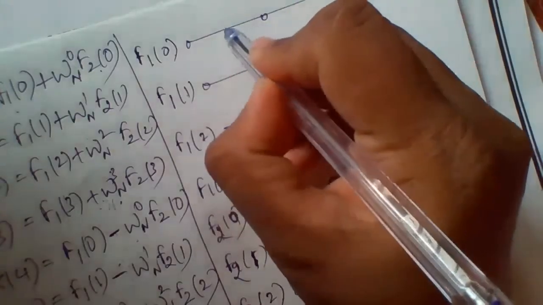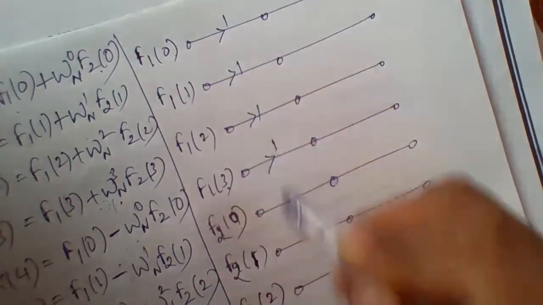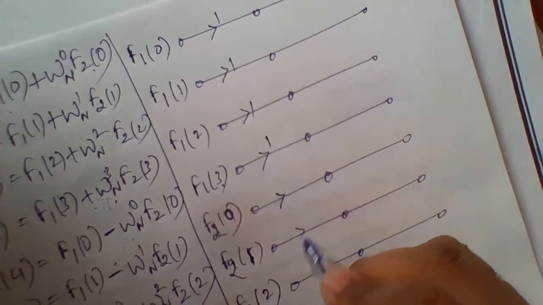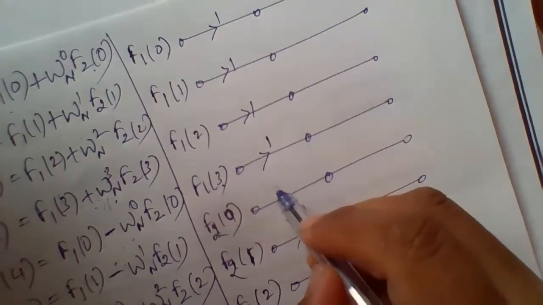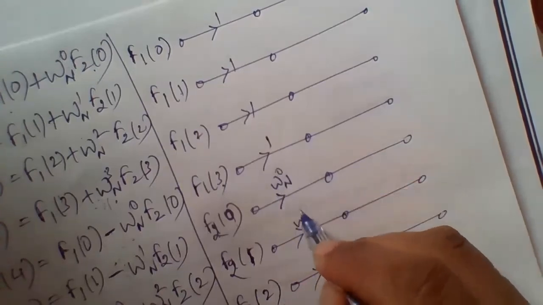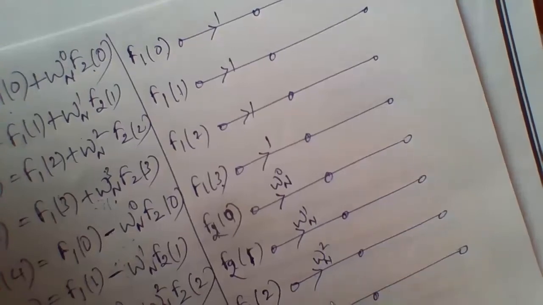Here I have 1, 1, 1, 1, four ones. Then the remaining 4 values are the dual factors w raised to 0, w raised to 1 suffix n, w raised to 2 suffix n, and the last one w raised to 3 suffix n.